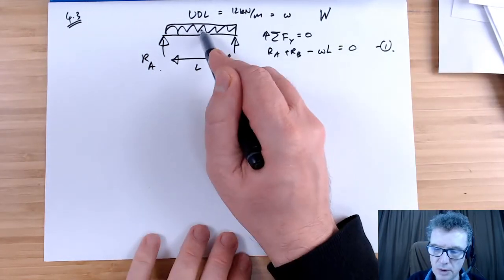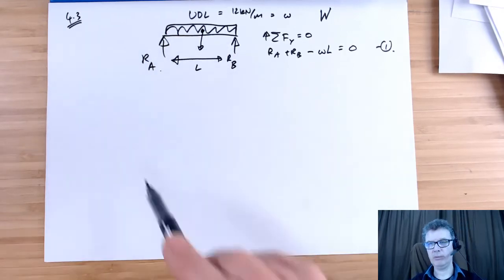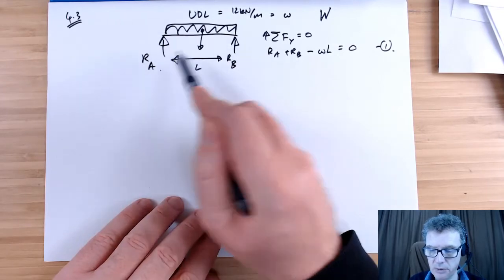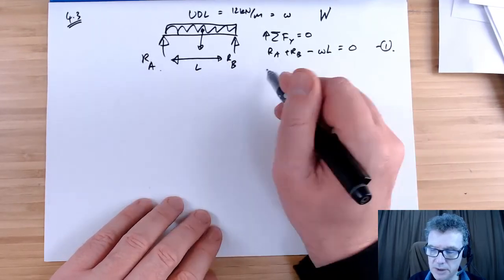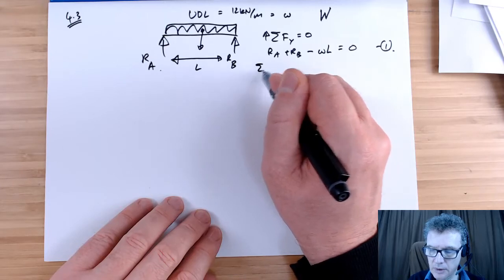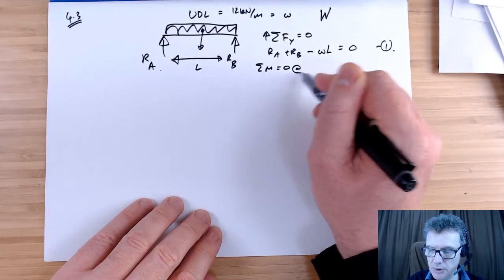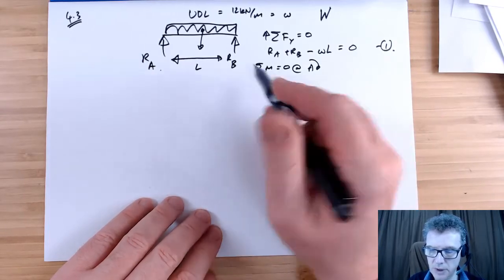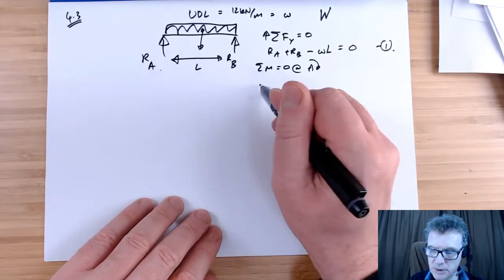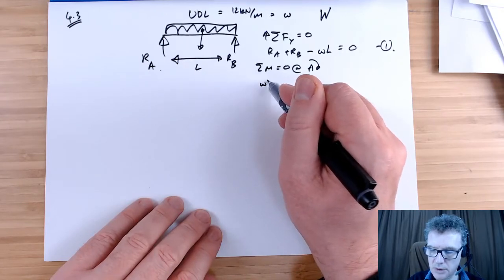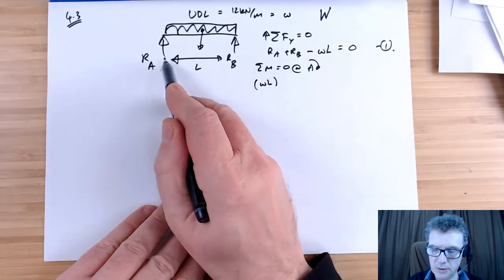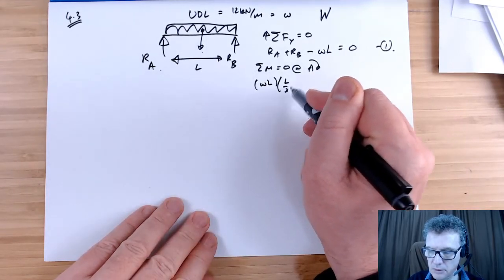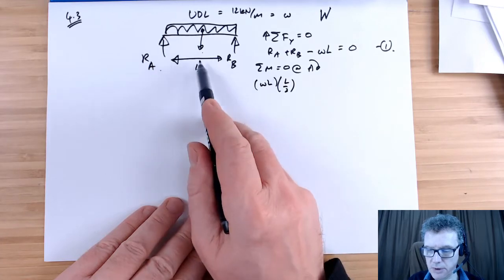Second equation, well, then we pretend that our UDL becomes a concentrated load with a weight acting through the middle. Take moments about A, say. Moments at A, go clockwise, and then that would give me, so what's the weight of my UDL? So that's little w times L. What's the distance from A? That's going to be half L, and that's going clockwise, that's positive.